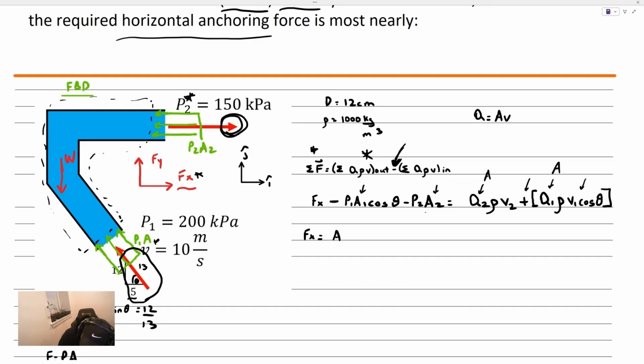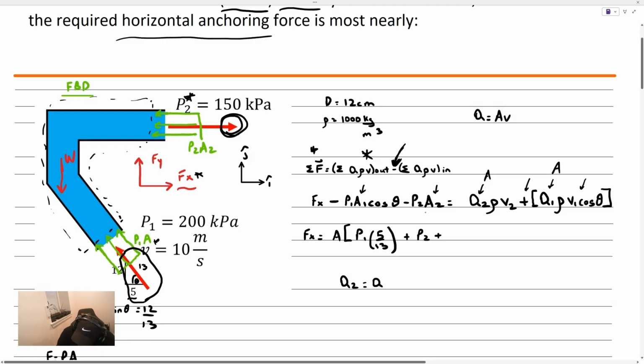I would write an A multiplied by P1, and I know the cosine of theta is 5/13. That's from our slope triangle that we looked at earlier. And then plus P2, the A is just, I already factored that out, plus, now Q2. Q2 and Q1 are exactly the same.